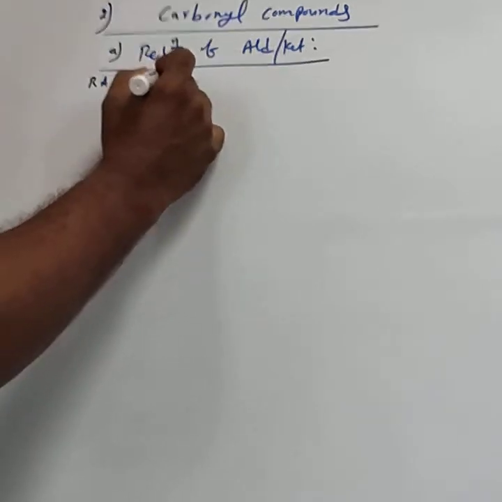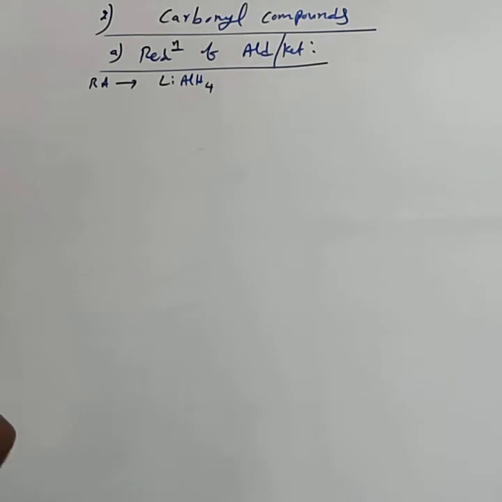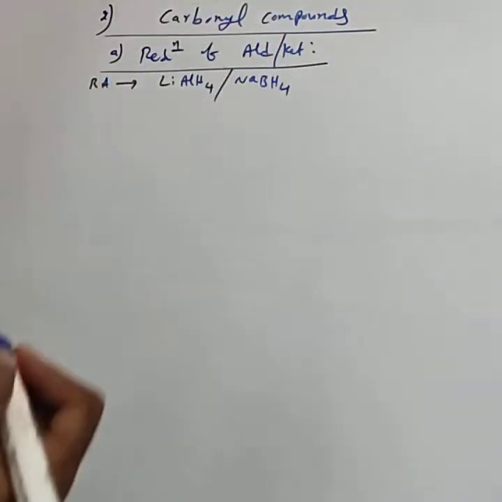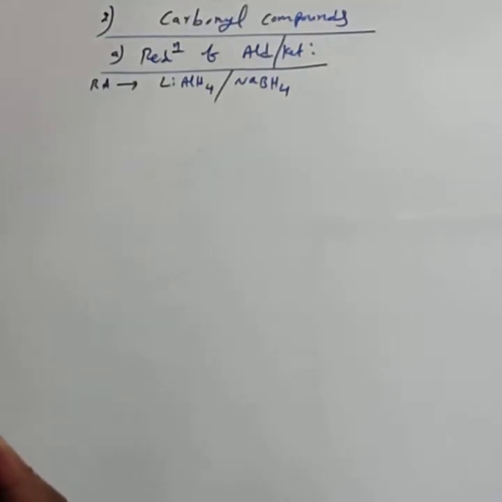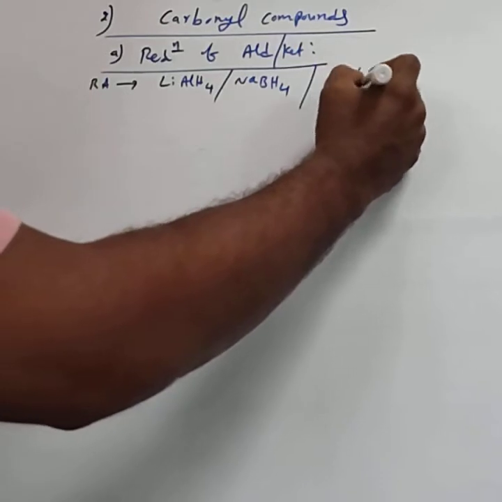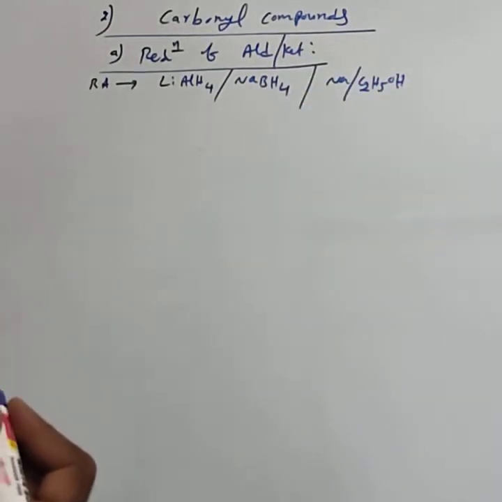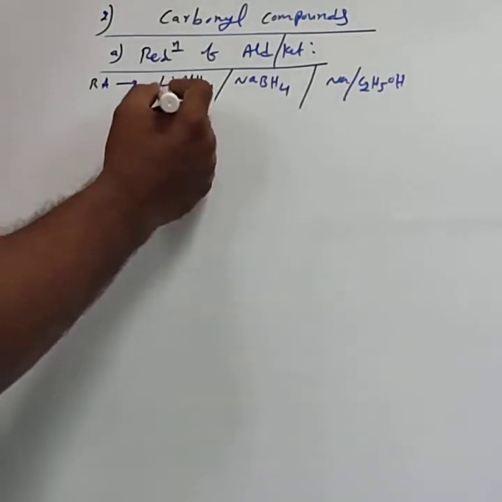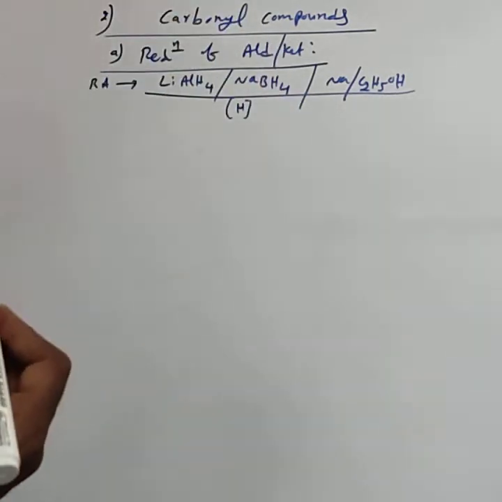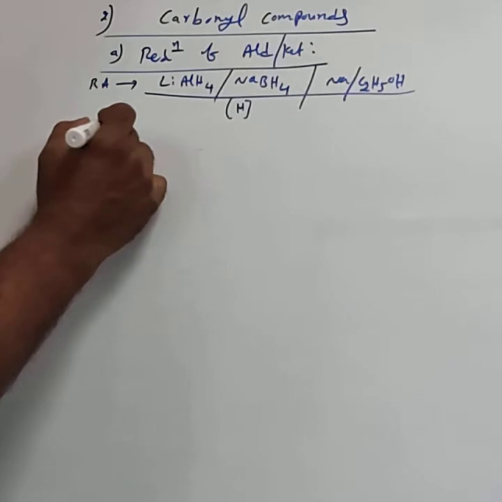Reducing agents used may be either LiAlH4, lithium aluminum hydride, or NaBH4, sodium borohydride, or sodium in ethyl alcohol. By using these, you add hydrogen, nascent hydrogen, or you can do catalytic hydrogenation.